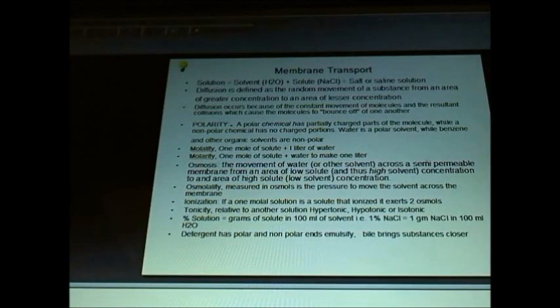Touching on the body and membrane transport, one of the huge places for membrane transport, which is both active and passive, is in the kidney, in the nephron, the glomerulus, and the loop of Henle, the ascending and descending loops of Henle, where you have active transport to reabsorb water back across.